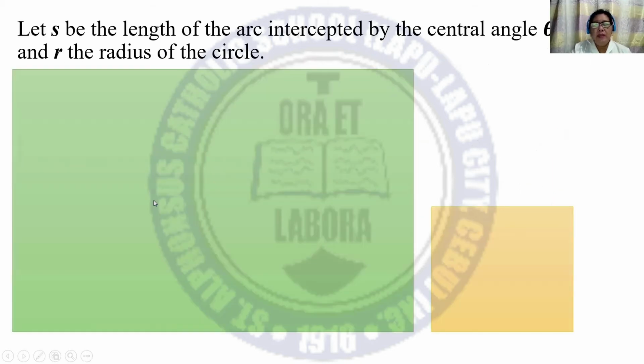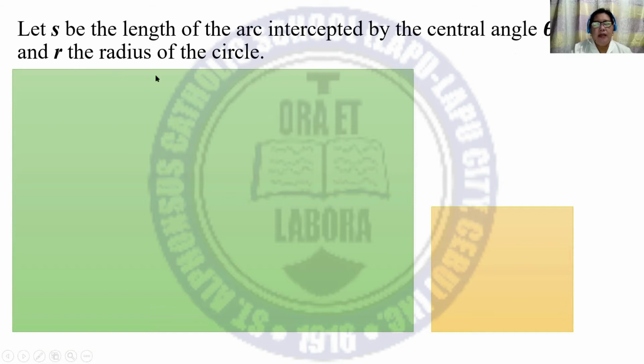So let S be the length of the arc intercepted by the central angle theta, and R the radius of the circle. Now let us represent the central angle by the common Greek symbol, which is called theta.